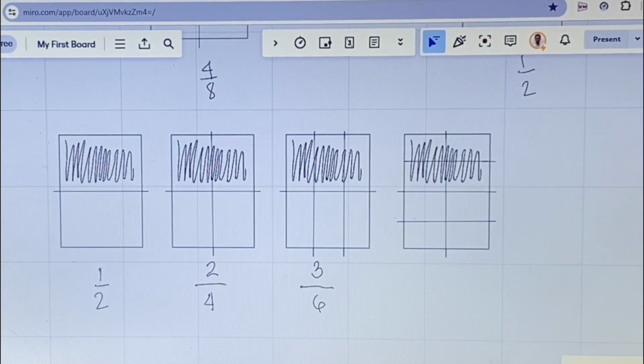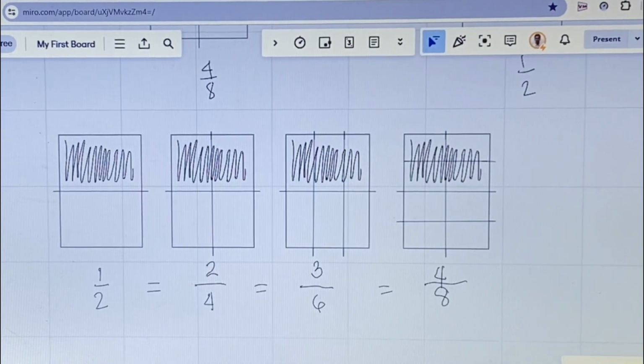What will happen to the denominator? 1, 2, 3, 4, 5, 6, 7, 8. And the shaded parts, the earlier shaded part is now divided into 4 equal parts, so this will become 4. As you can see, the whole rectangle, or we can say the chocolate, is the same. So we can say these are all equivalent fractions.